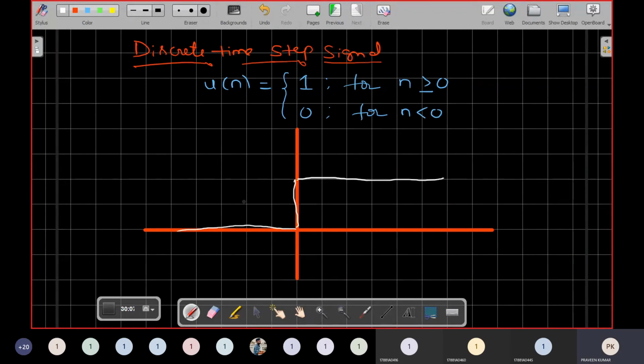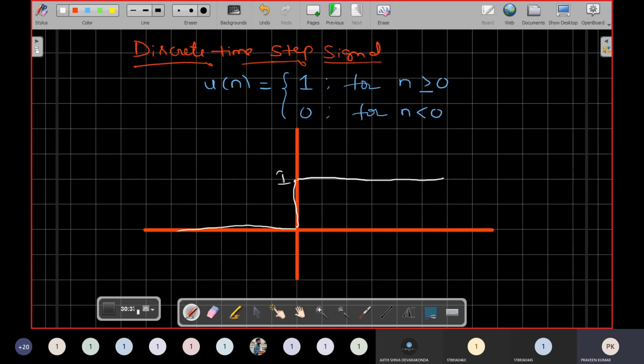Is it right? Is this the graphical representation of the discrete time step signal? Yes or no? Yes, sir. Okay, see, it is not the graphical representation of the discrete time step signal.